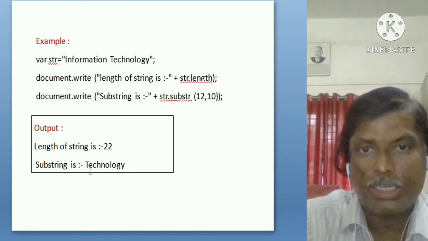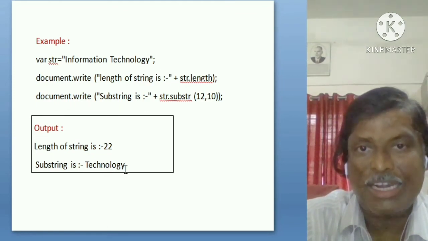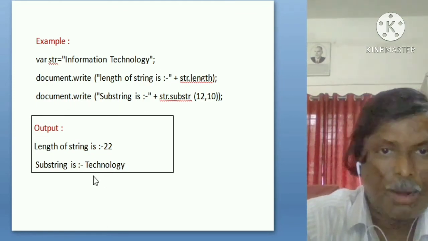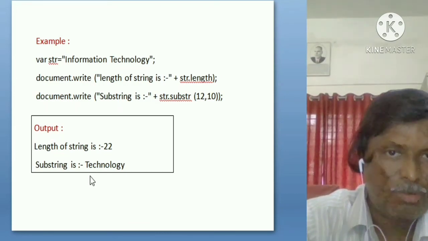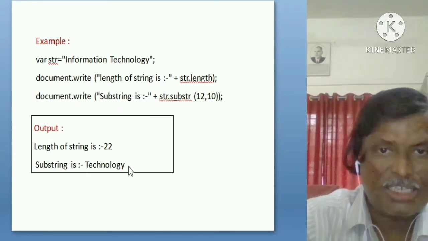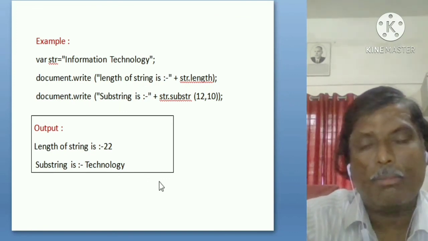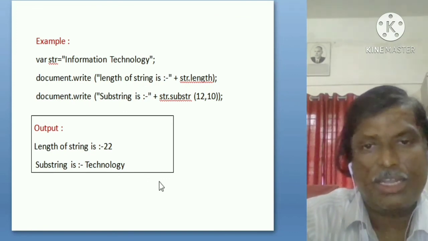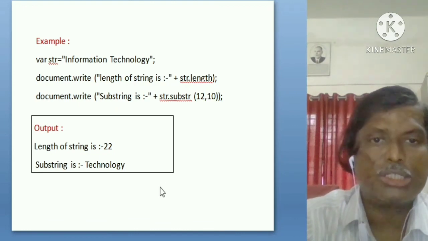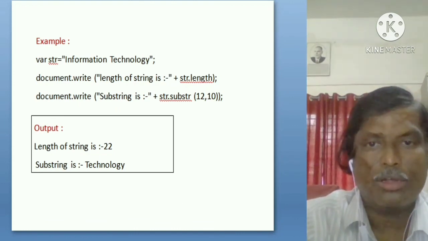So it includes 10 characters. So after the location 12 you will get these 10 characters. So this is called the properties and methods of string.